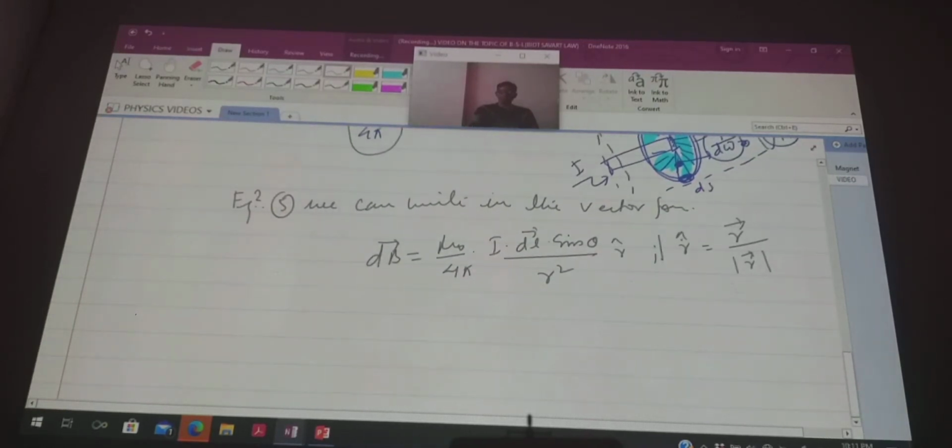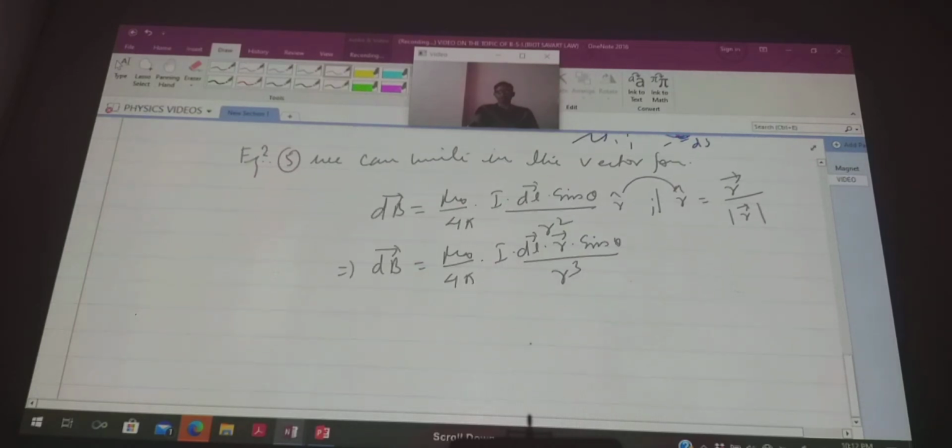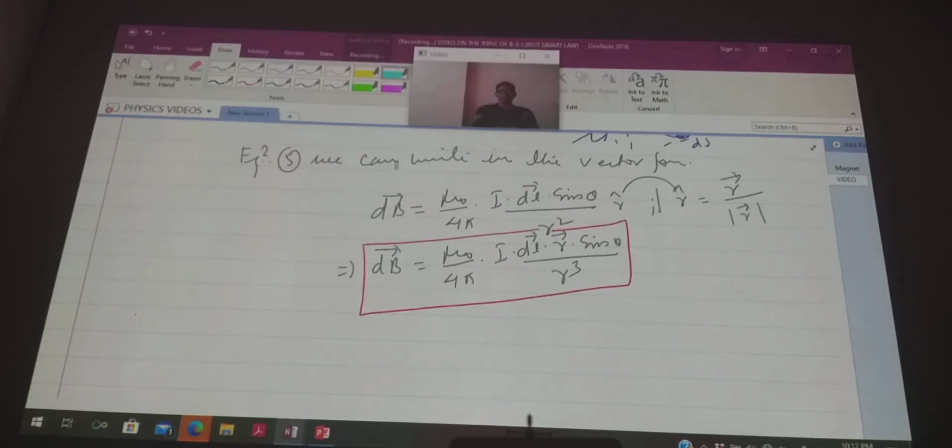So we put the value of the unit vector, then we get dB equals mu 0 upon 4 pi, I dl, r square sin theta upon r cube. This is another equation of the Biot-Savart law in the vector form.